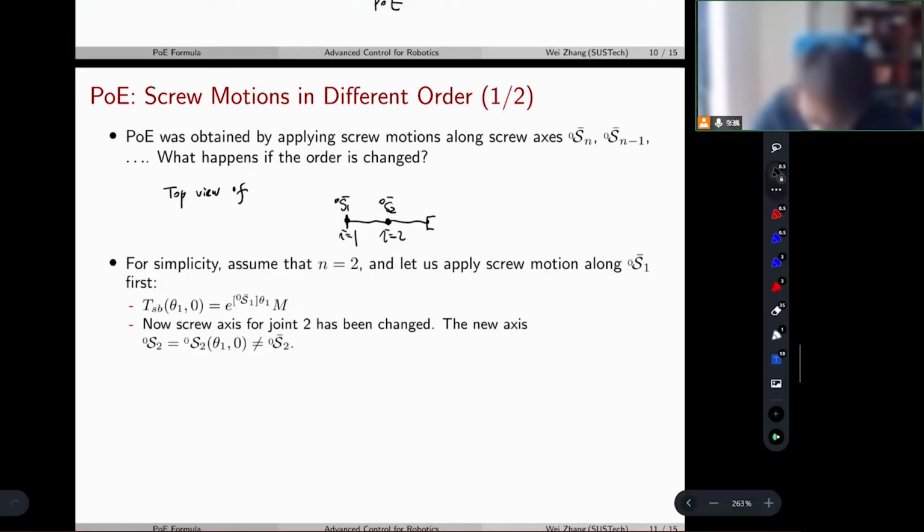Now let's not do the backward one, let's do the forward one. Suppose I apply the screw motion, or rotate about the first axis, first. Then I will have this, and that's the new configuration. So this will be my theta 1.